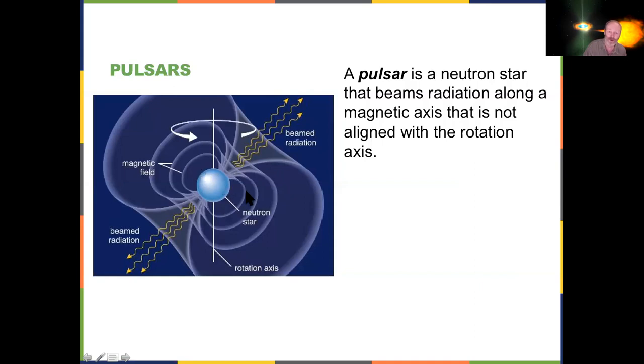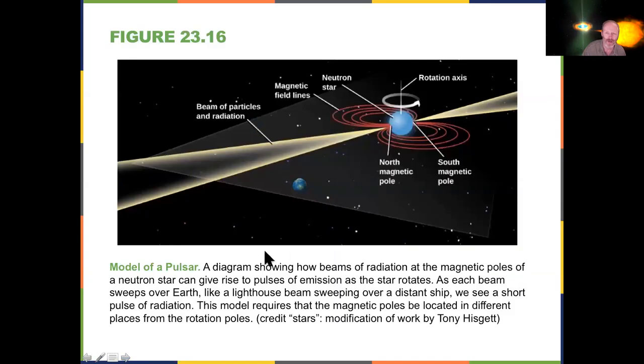As it rotates, it also has a magnetic field, and that magnetic field, just like our magnetic field interacting with the solar wind gives us the aurora borealis, with this kind of energy and this kind of spin, is going to shoot off energy. It's going to beam radiation out there along the way. So what we have, of course, is our magnetic poles and our rotational axis poles.